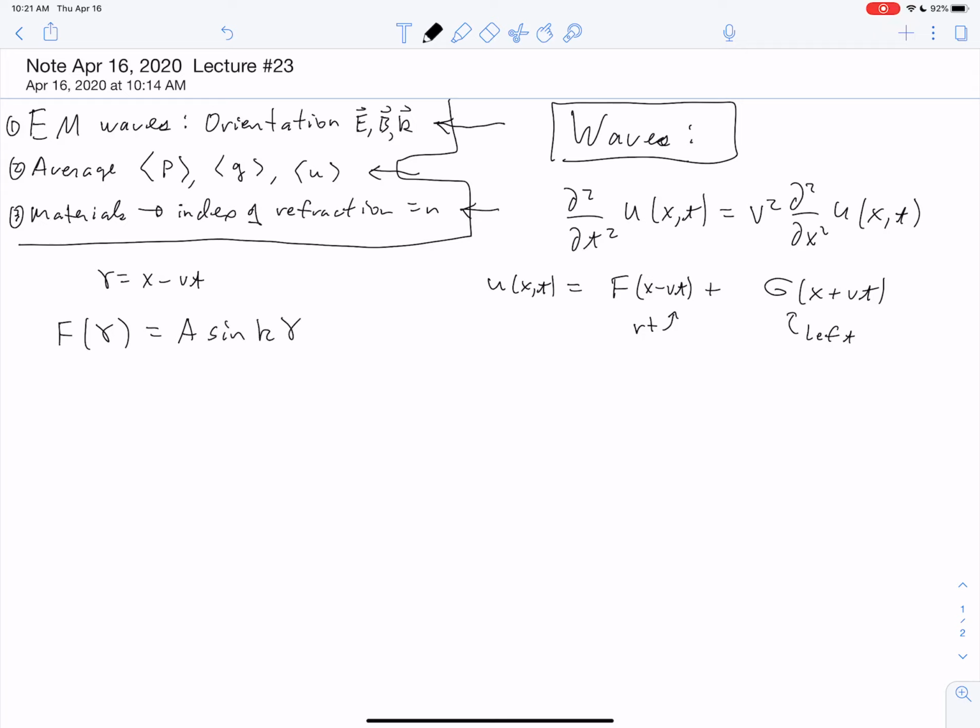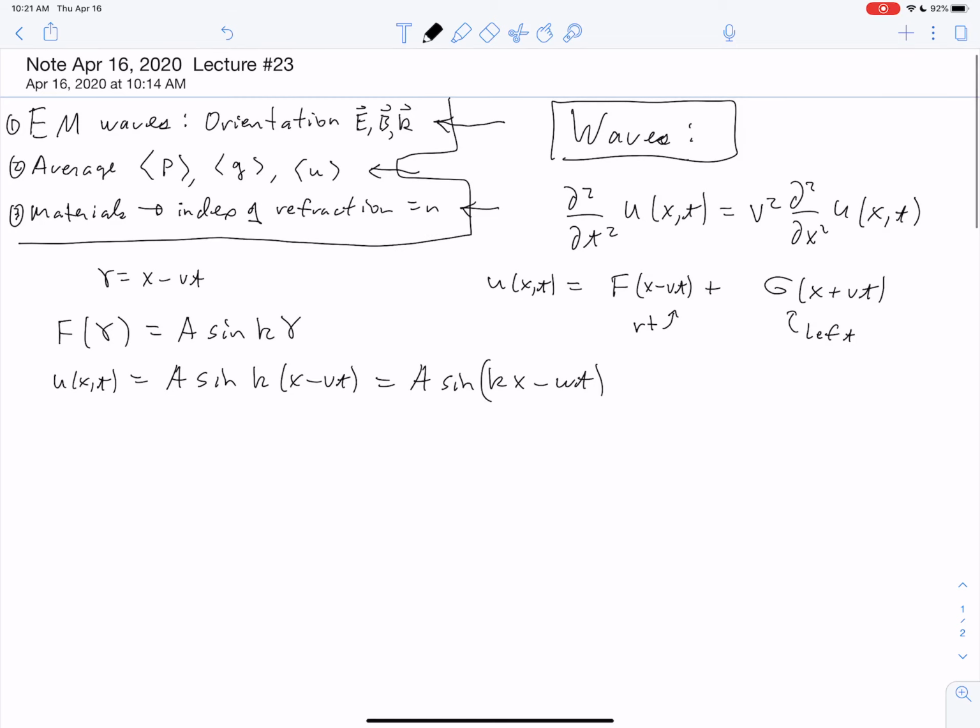This is a sine wave, so then my wave can be written like this: a sine k(x minus vt), which is equal to our favorite thing, a sine(kx minus omega t), where now we have defined kv equals omega, or in other words, v equals omega over k. And this is our favorite wave, the sine wave.